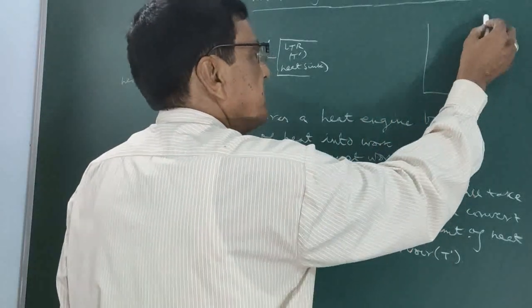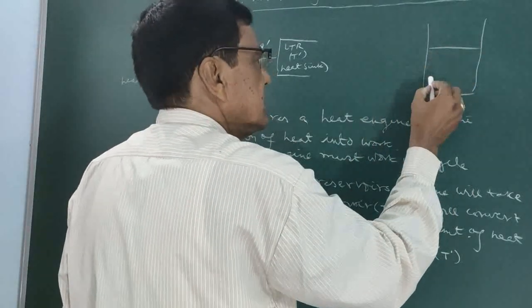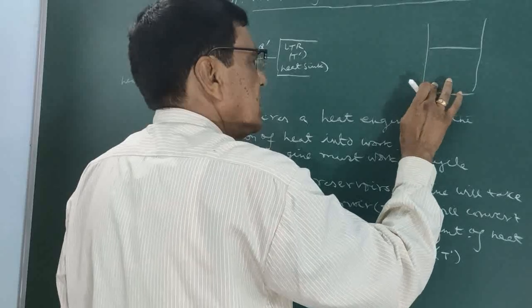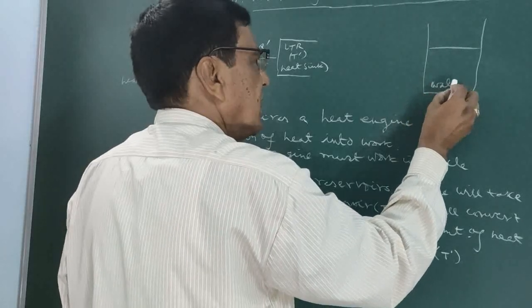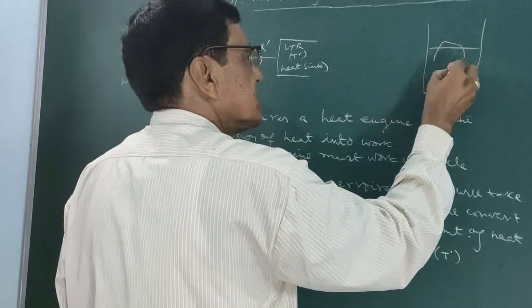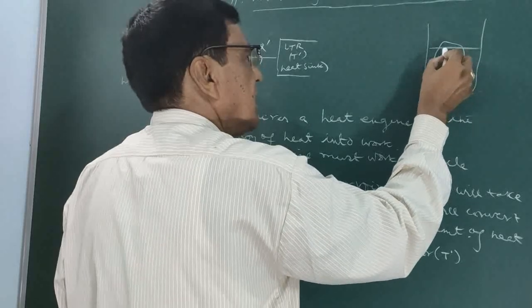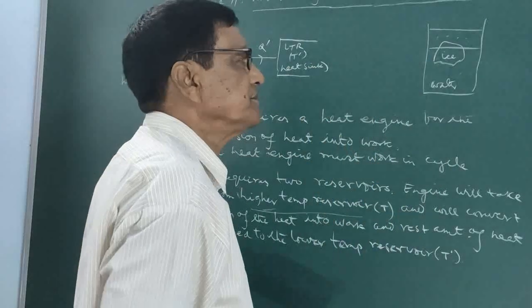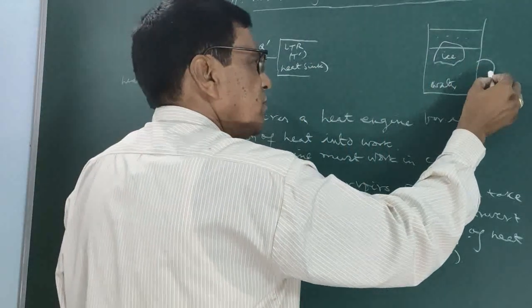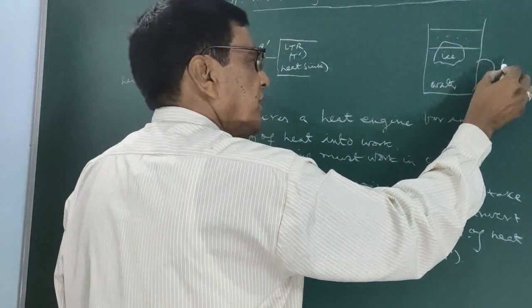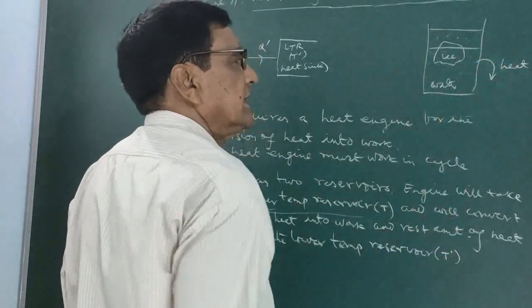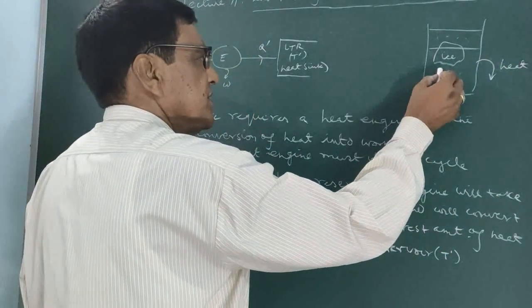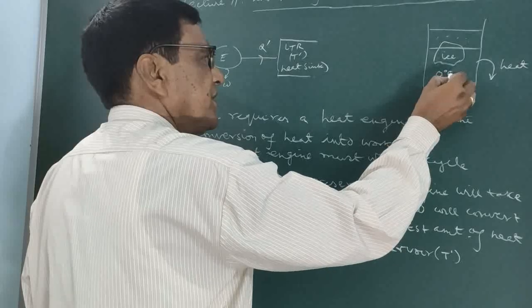Suppose here is the water, and here it is ice, and here it is vapor, and its temperature is 0 degrees centigrade.